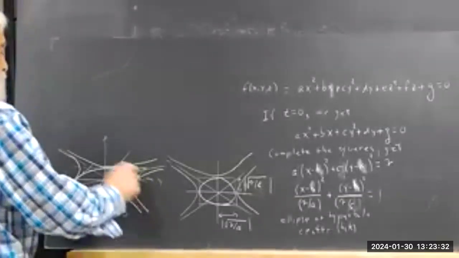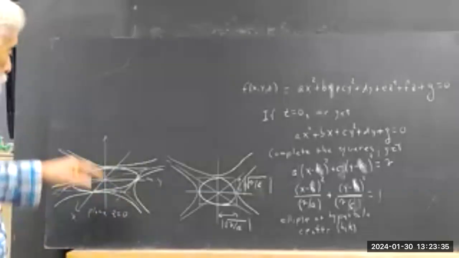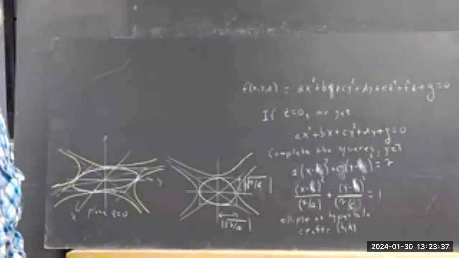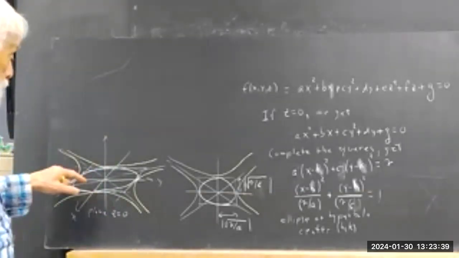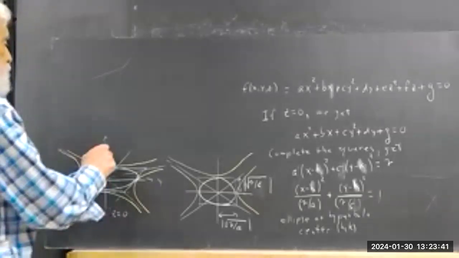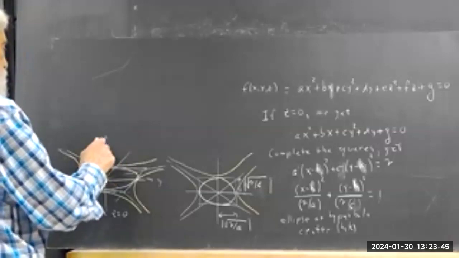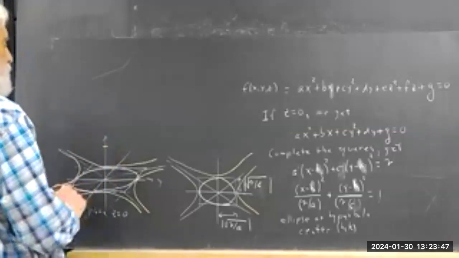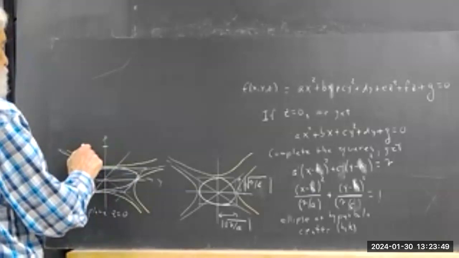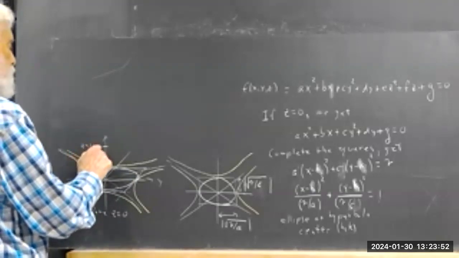What I've just sketched is all in the XY plane. That's where Z is 0, right? If Z is 1, let's just say Z equals 1 here. I like to clutter things up. Okay, Z equals 1 here.